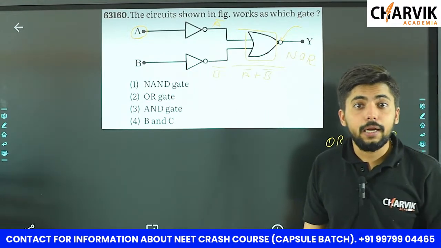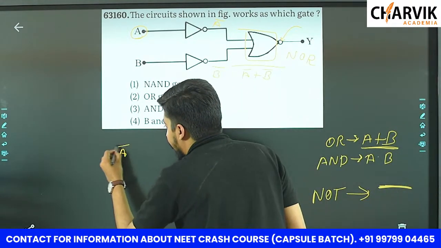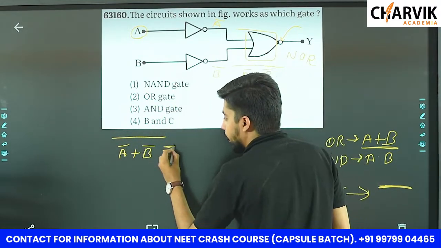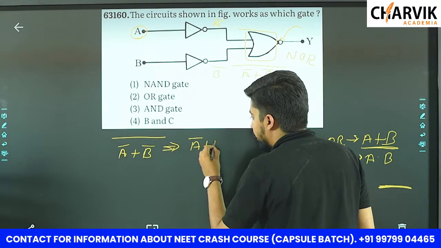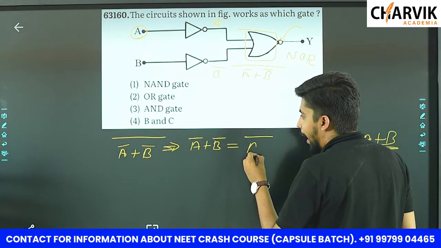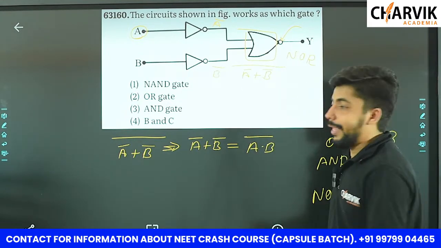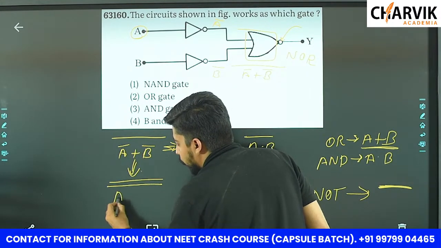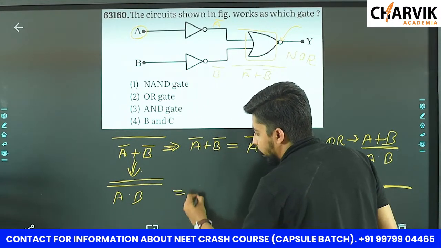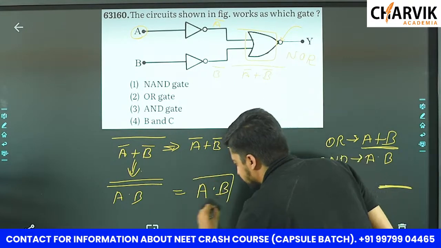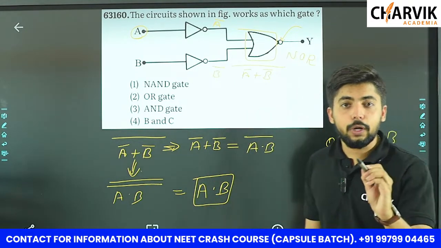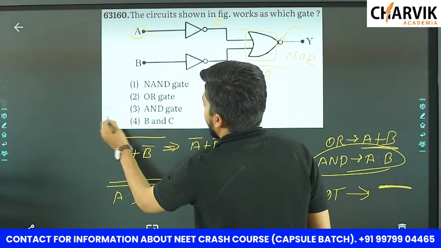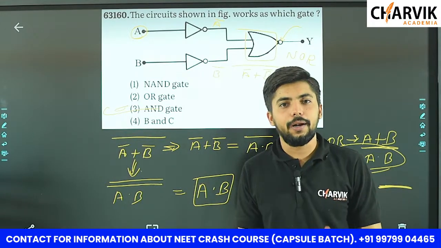So we get the Boolean expression as bar of (A bar plus B bar), and you know the relation that A bar plus B bar equals bar of A dot B. Place this value in the equation and you get bar of bar of A dot B. Both cancel out and the answer of the Boolean expression is A dot B. And if the answer is A dot B, which gate is it? It is an AND gate. So this circuit will behave as an AND gate, which is given in option number 3.